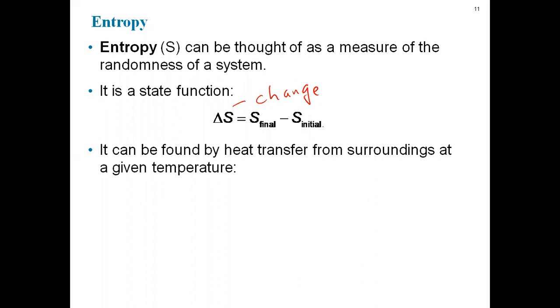In this example, if you want to calculate delta S, it can be found from heat transfer from the surroundings at a given temperature using this equation: delta S equals Q rev, meaning reversible, divided by T in Kelvin.